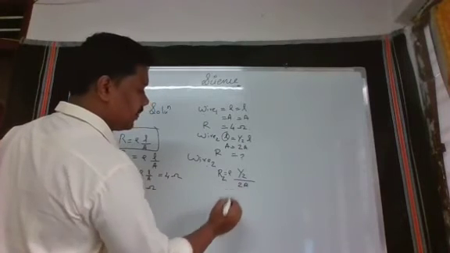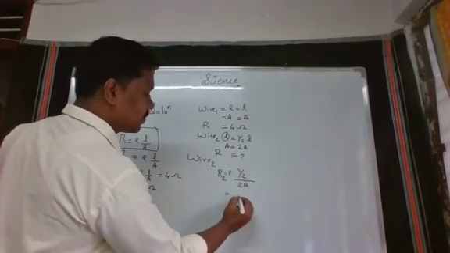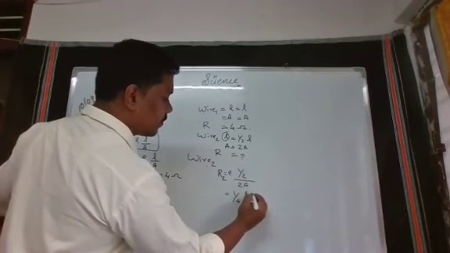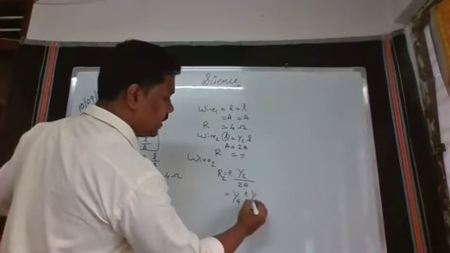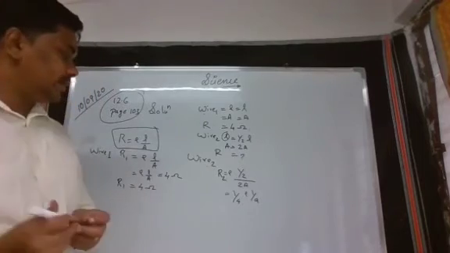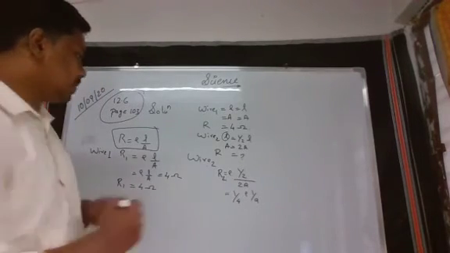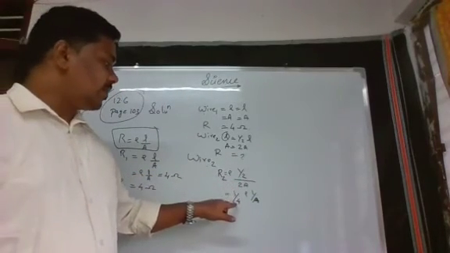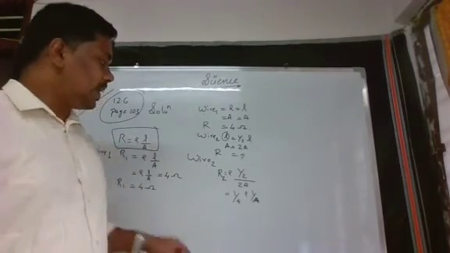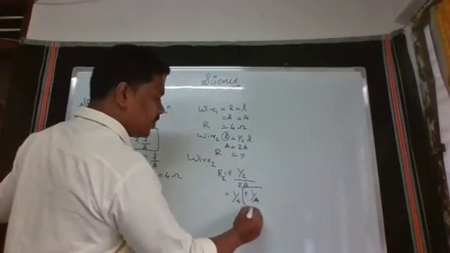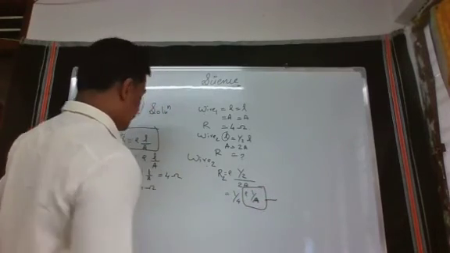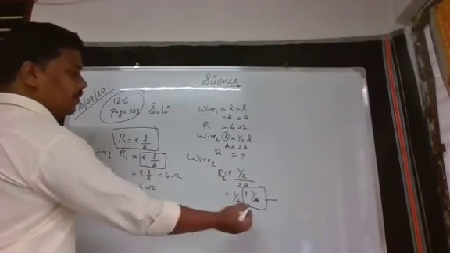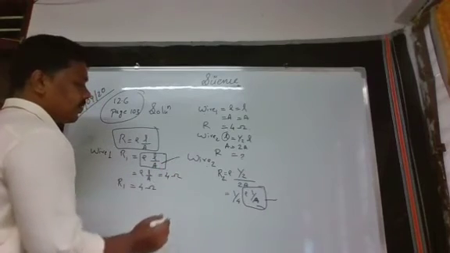We can write it as 1 by 4 rho 1 by A. This rho L by A is the same as in wire 1, whose value is 4 ohm.